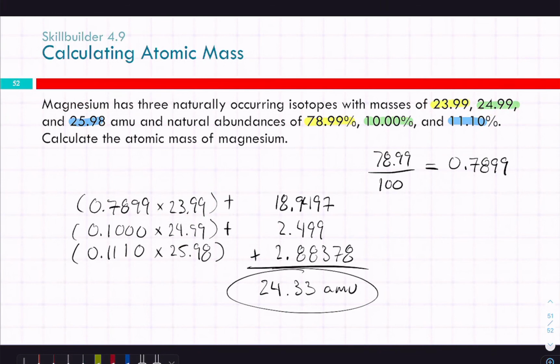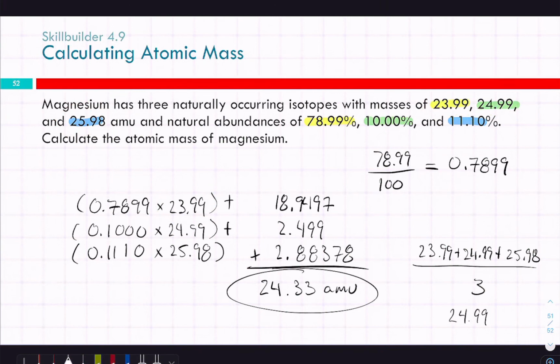And it's going to be different than just taking the average of the three numbers. So if I do the average, that's 23.99 plus 24.99 plus 25.98 and divide by 3, then that result is 24.99.